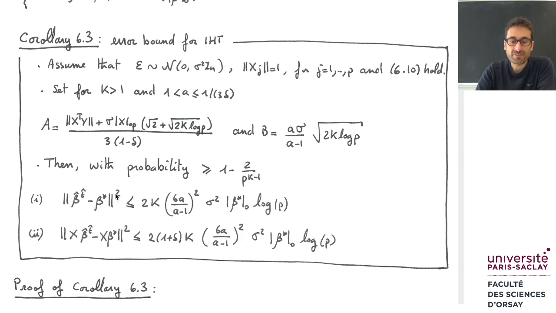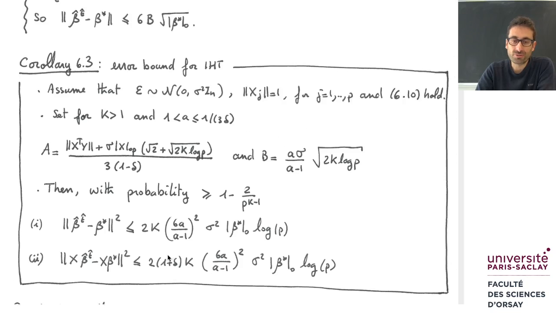And so as I've said, this is a consequence of this. Why? Because we have that beta hat t and beta star are sparse. They have a sparsity which is smaller than k star.